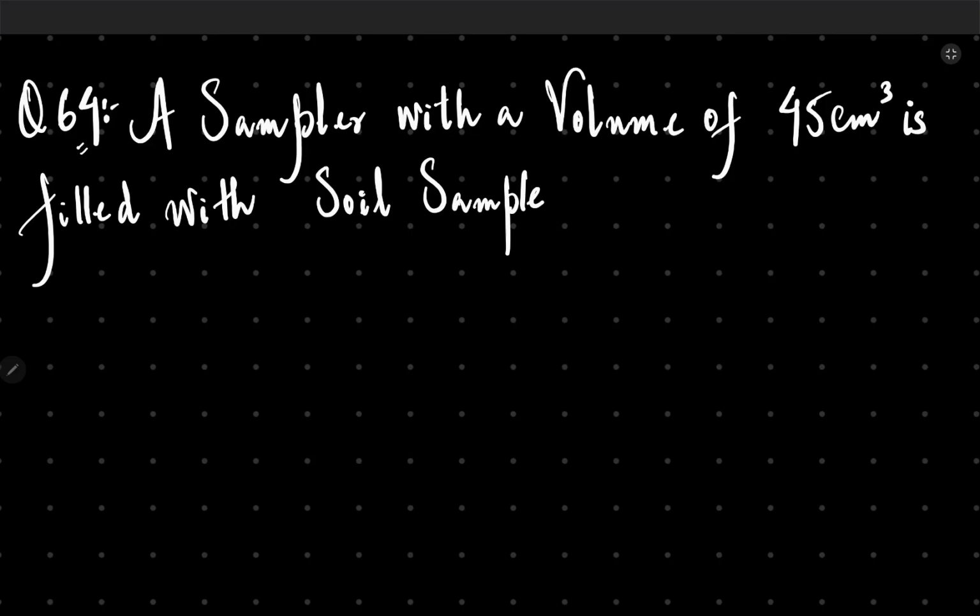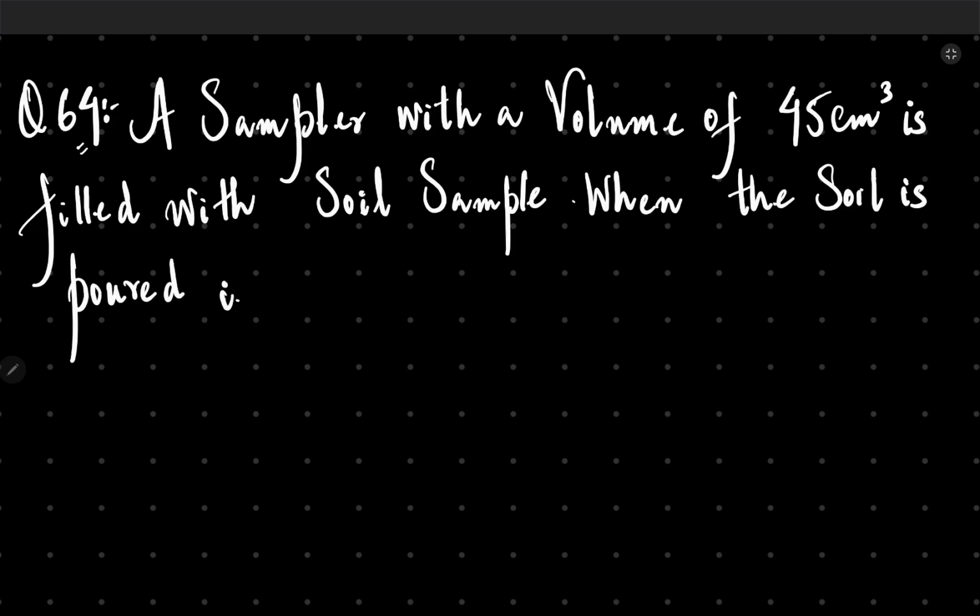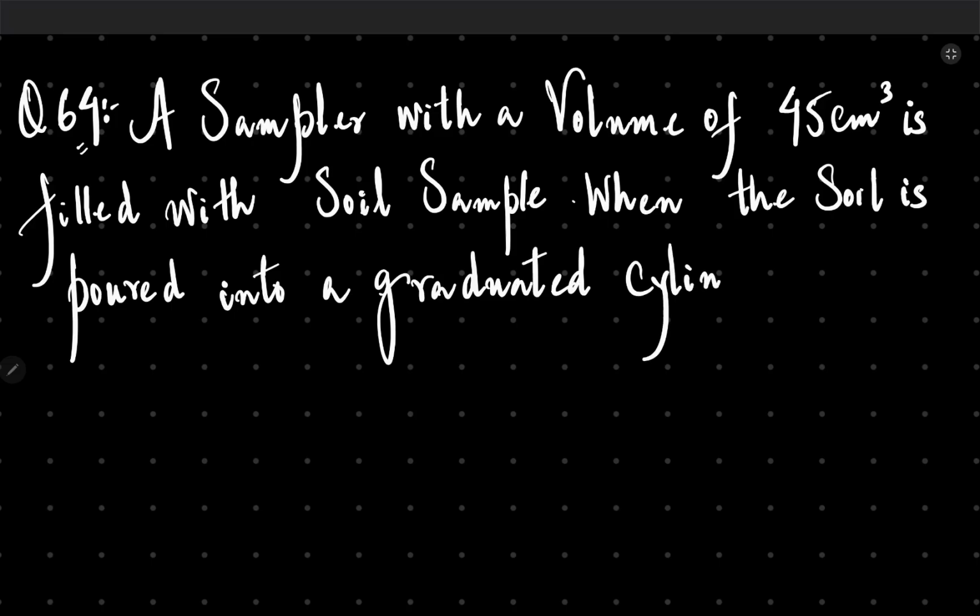When the soil is poured into a graduated cylinder, it displaces 25 cubic centimeter of water.